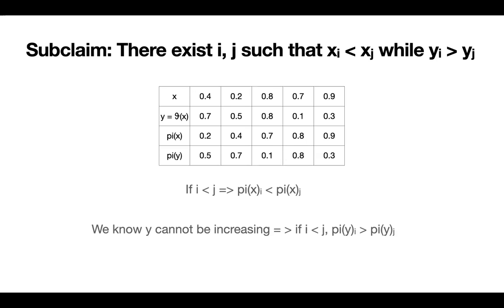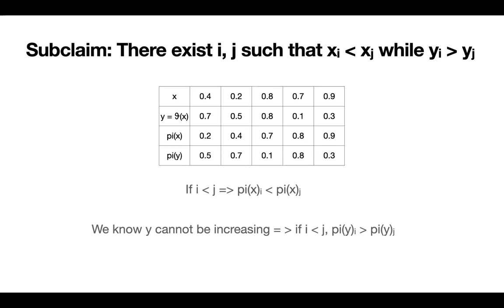So we have 0.5 for 0.2, we have 0.7 for 0.4, etc. And so if i is less than j, we can conclude that pi x of i is going to be less than pi x of j, as we can see here. 0.2 is going to be less than 0.4, of course.